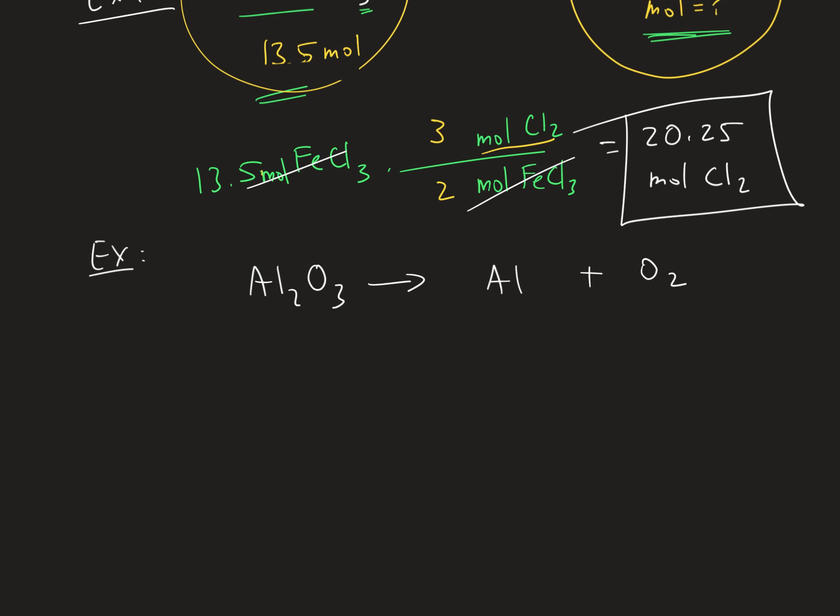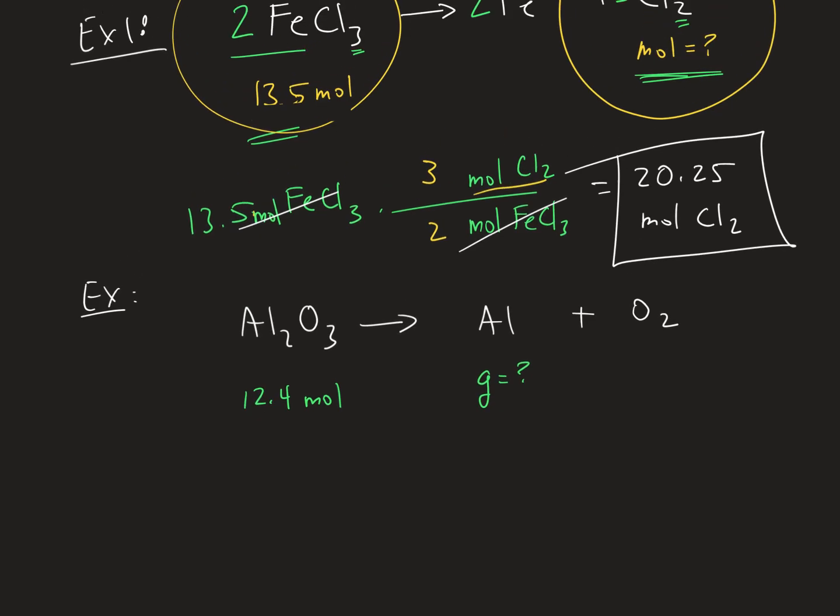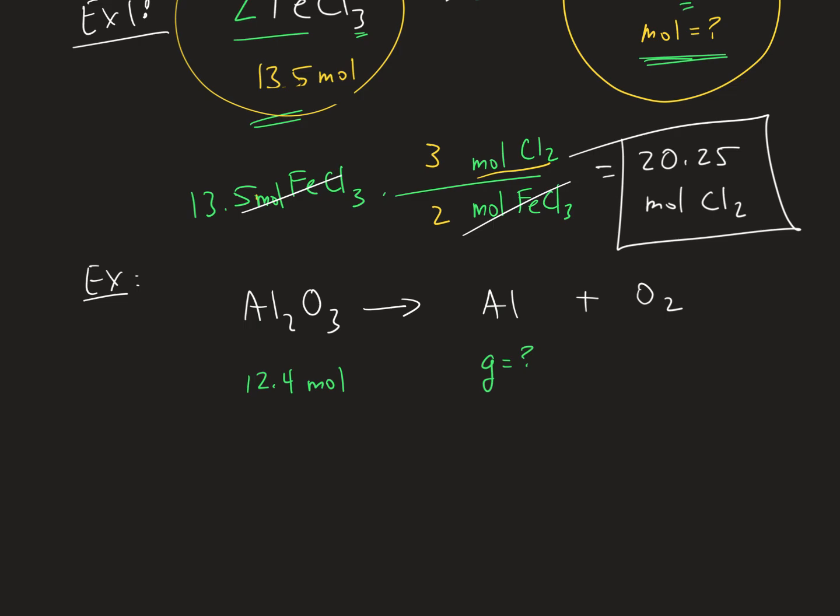And it says how many grams of aluminum, so I'm going to say grams equals question mark underneath aluminum, are formed from the breakdown of 12.4 moles of aluminum oxide. I wrote it.